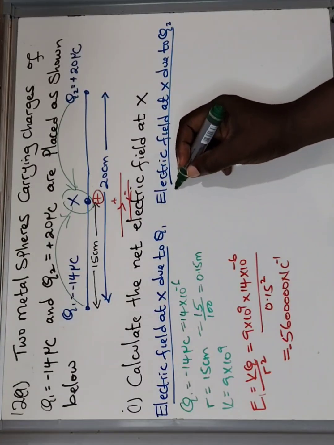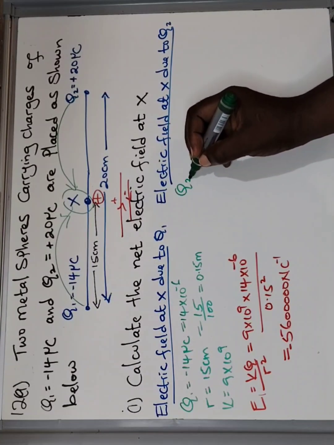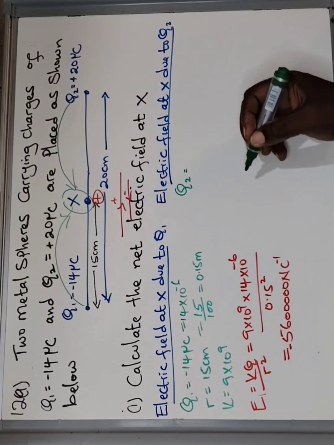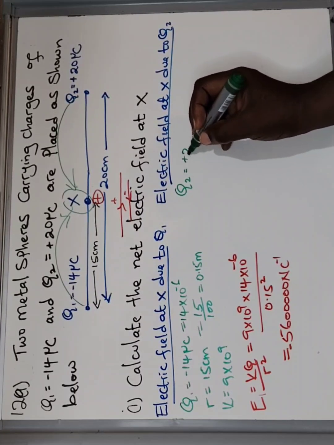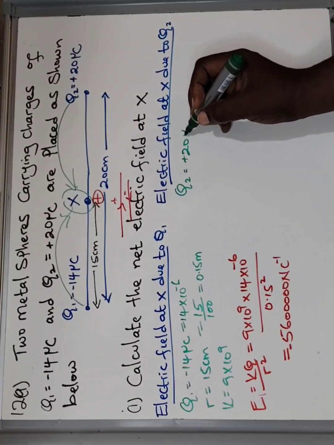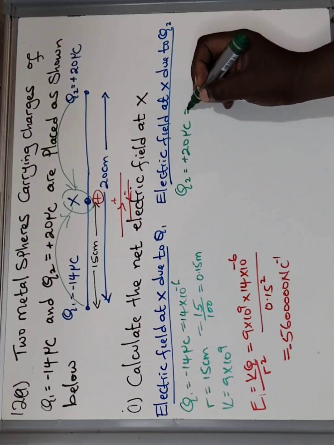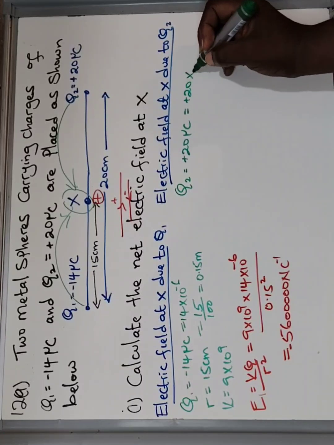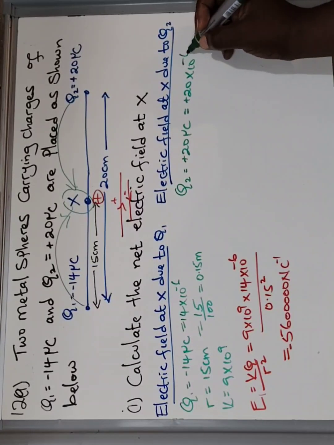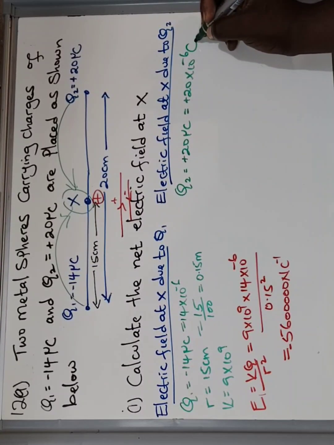You have Q2, which is plus 20 microcoulomb, which comes to plus 20 times 10 power minus 6 coulomb.